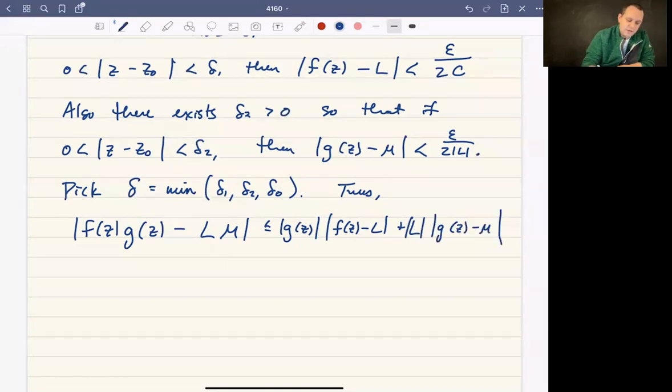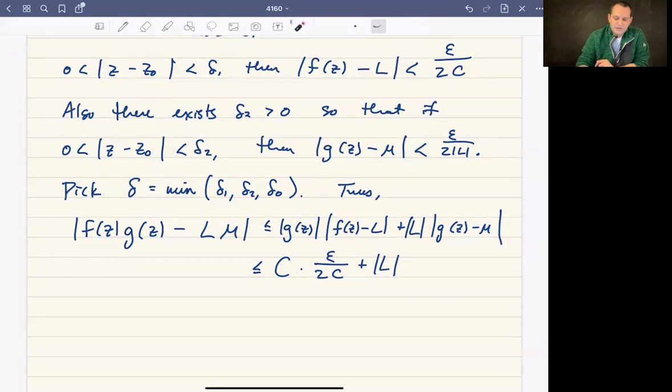We specifically pick this so that the modulus of g is less than or equal to c. The modulus of f of z minus L is less than epsilon over 2c. L is what it is. Actually, if L is equal to 0, then we don't have to do anything separate. Sorry, if L is equal to 0, we don't really care what happens here.